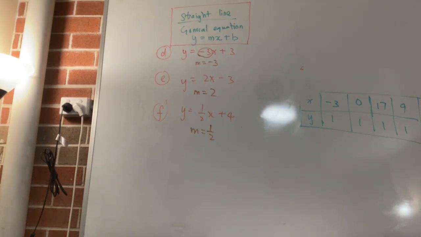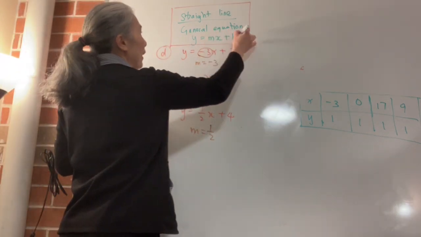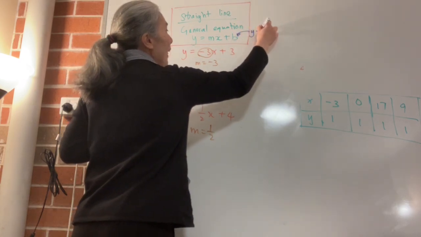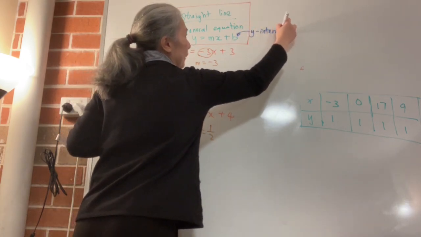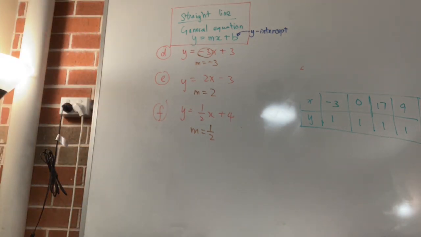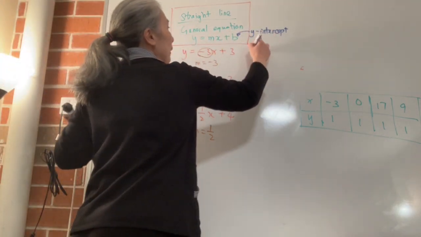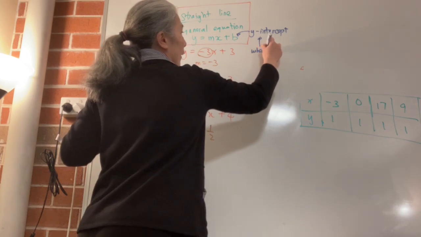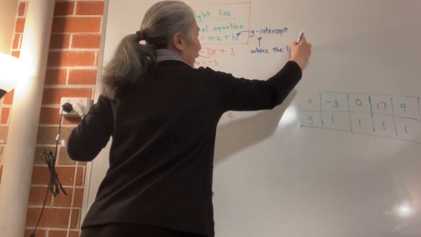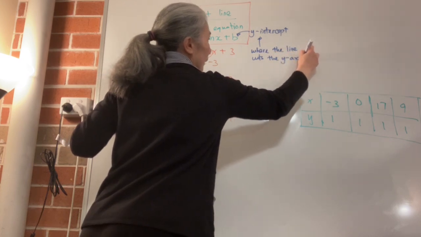Now you might be asking me, what is b? M is gradient, we already know. B is your y-intercept. What's the meaning of y-intercept? That means where the line cuts the y-axis.